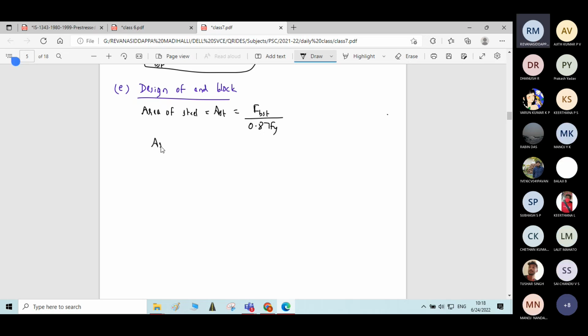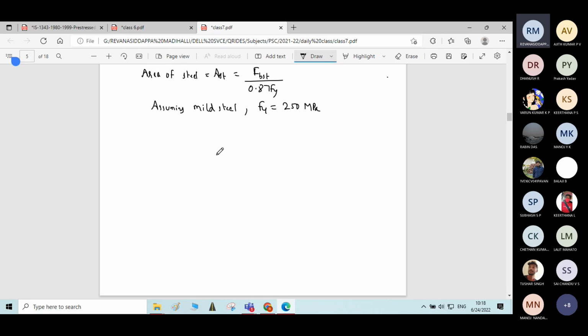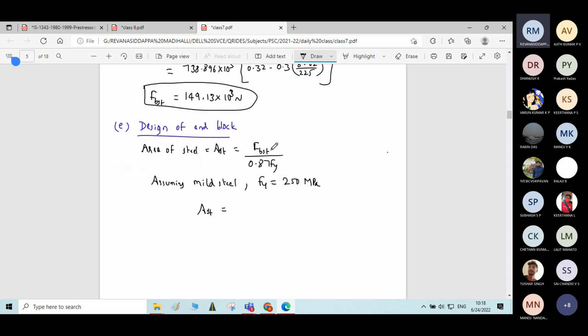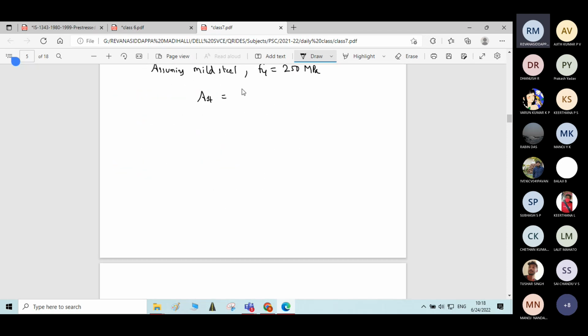Assuming mild steel, Fy is 250 MPa or 250 Newton per mm square. Therefore, AST is equal to FBST value 149.13 into 10 power 3 divided by 0.87 into 250.